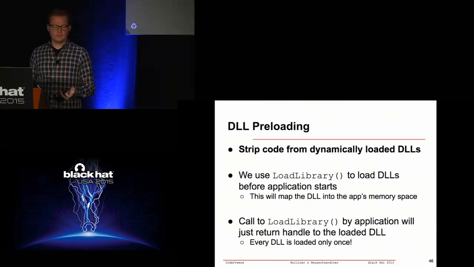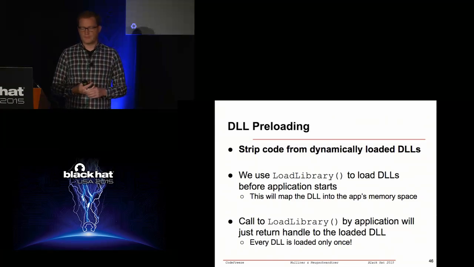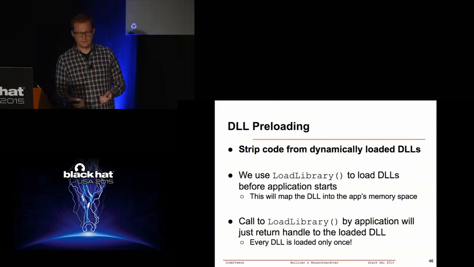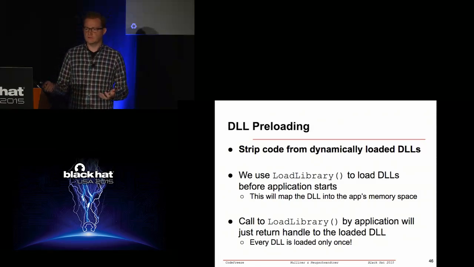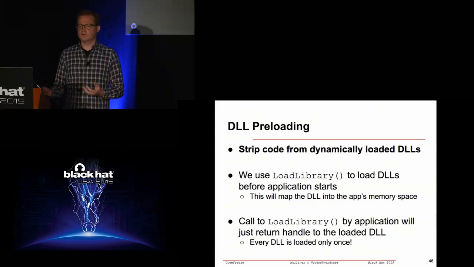A few words. Why do we have to do DLL preloading? We have to do preloading in order to be able to strip code from dynamically loaded DLLs. So if a DLL is loaded only further in the program, we cannot do our enforcement anymore because we do enforcement only at program startup. So that's why we do the preloading.